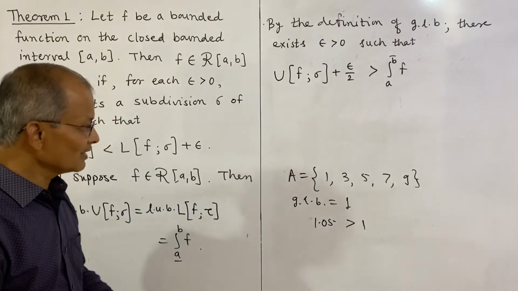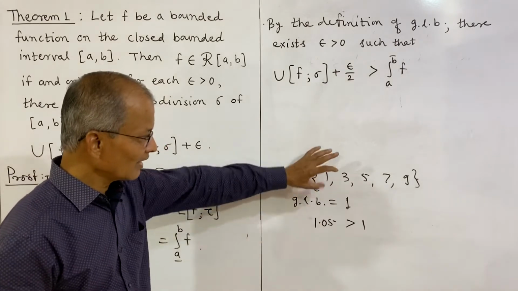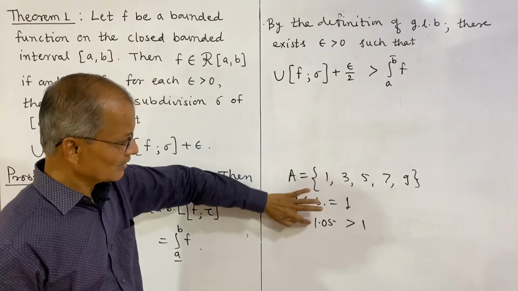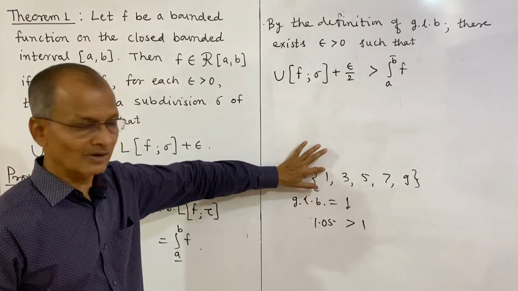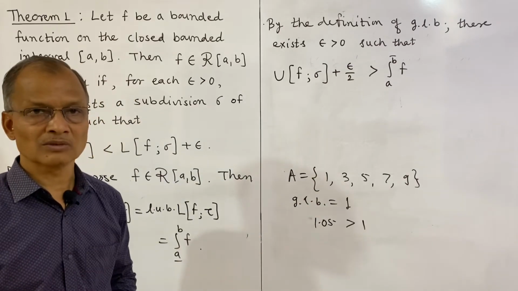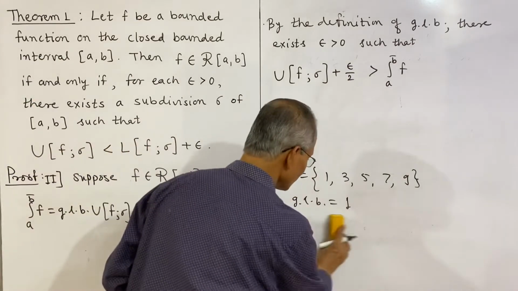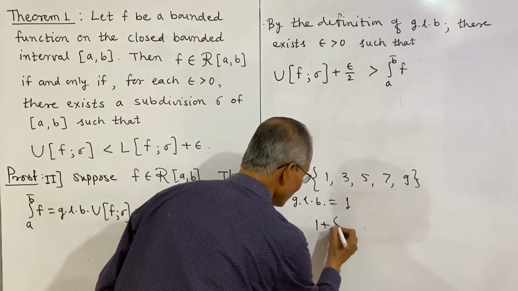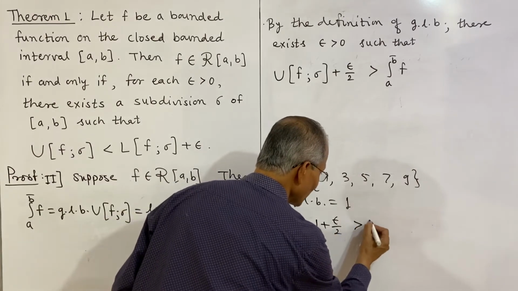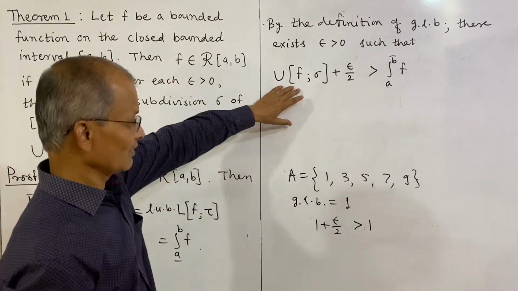So if it is increased by a small quantity, that value will be greater than this one, and it does not remain the greatest lower bound. Or in place of this we can write 1 plus epsilon by 2 will be greater than 1. So that is what we have written.